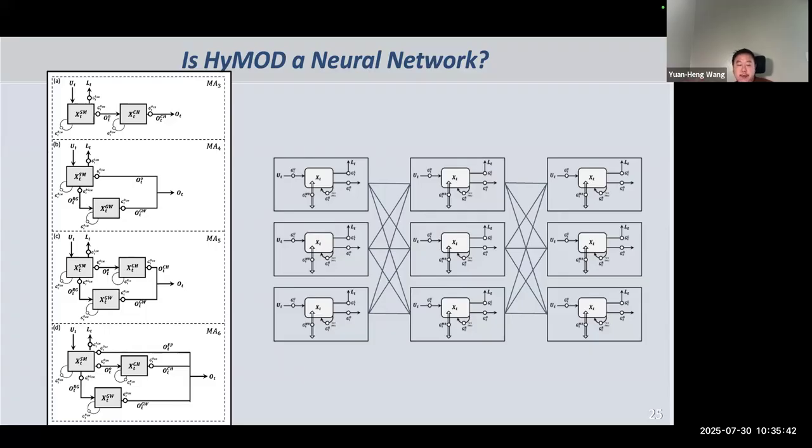As you can see, MA3 has a soil moisture tank and a surface routing tank. MA4 has a soil moisture tank and a groundwater tank. MA5 is like HIMA, so it has a soil moisture tank, a surface routing tank, and a groundwater tank. MA6 is similar to MA5, but we have one extra surface quick flow path to properly account for things like overland flow.